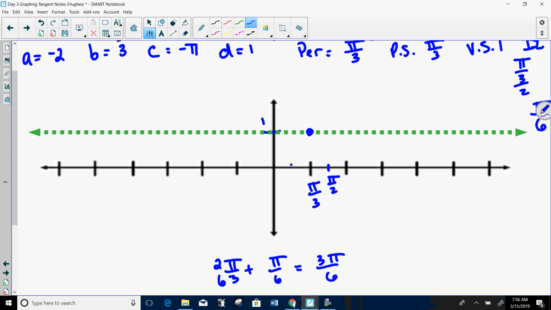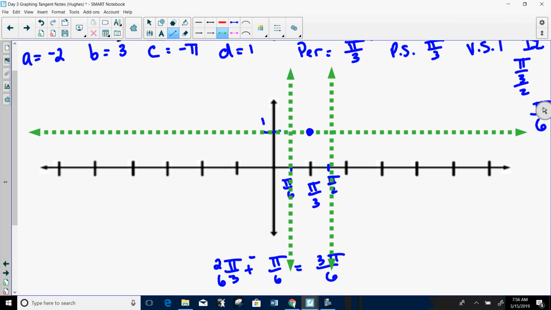Then I'm going to subtract, because I have to go to the left to find where that left asymptote is. 2 minus 1 would be 1, pi over 6. So what I can do is come in here and put in my asymptotes. My asymptotes are at pi over 2 and pi over 6. And so that's what my graph would look like.